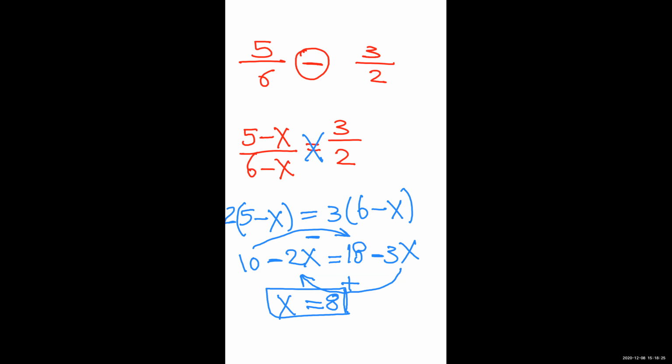The next point here: we said that a over b equals c over d, right? If it's a proportion, we said that the cross multiplication, or the product of means, equals the product of extremes.